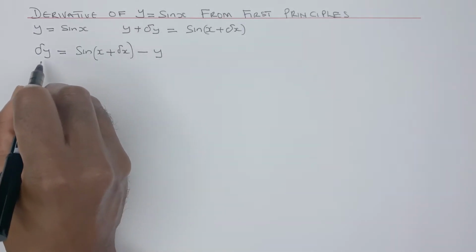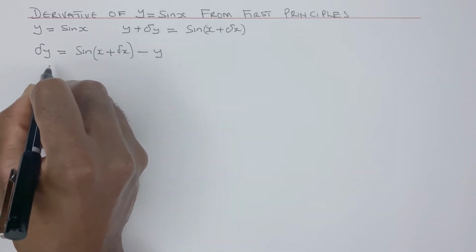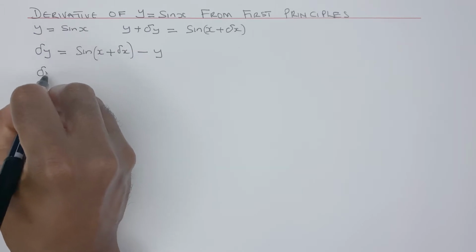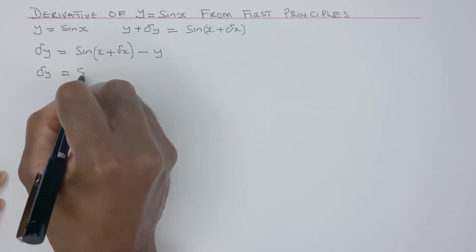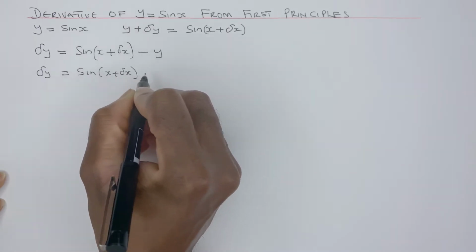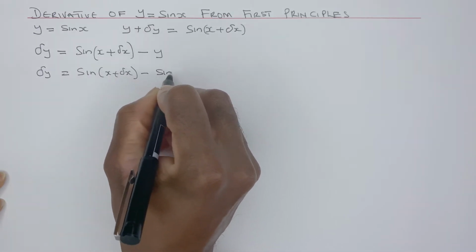And now I'm going to replace y with sine x. So delta y equals sine of x plus delta x minus sine of x.